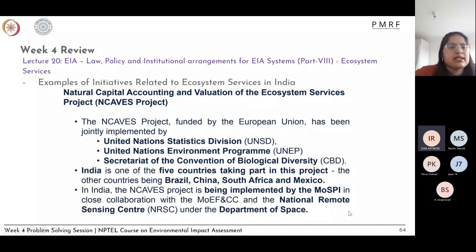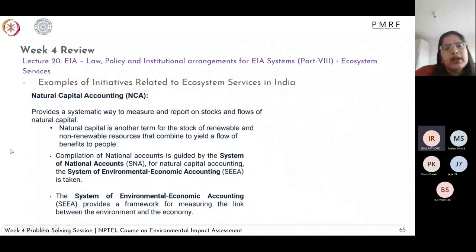So what it does is it provides a systematic way to measure and report on stocks and flows of natural capital. So a very financial perspective to ecosystem services. Natural capital is another term for the stock of renewable and non-renewable resources that yield benefits to people. So in terms of stocks, they have defined natural capital in terms of benefits being given to the people.